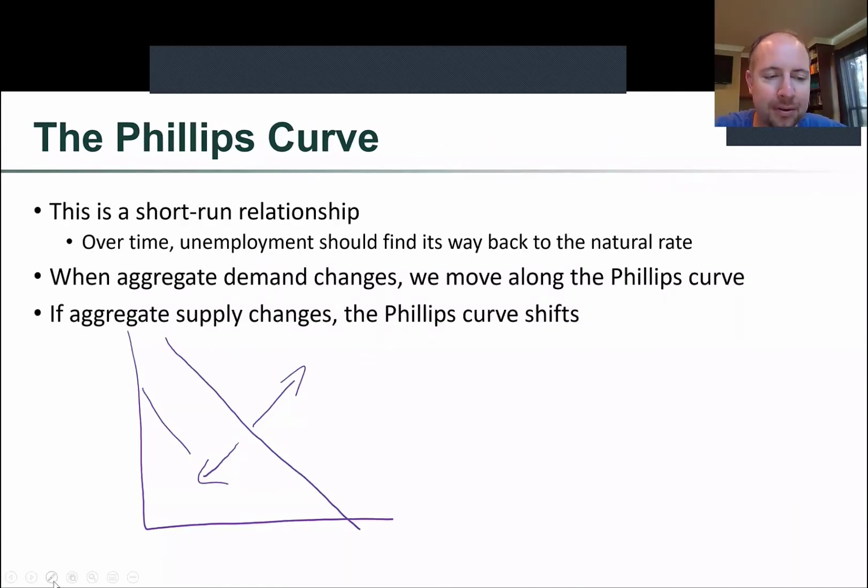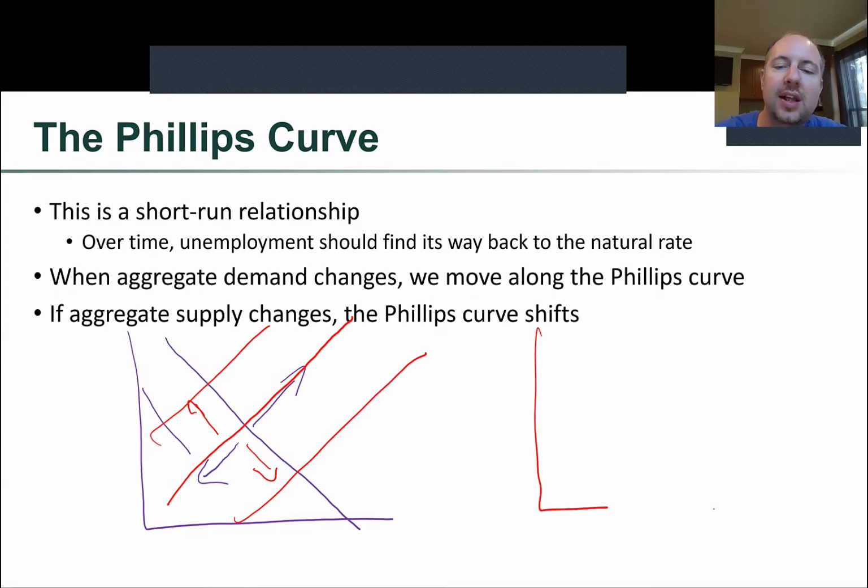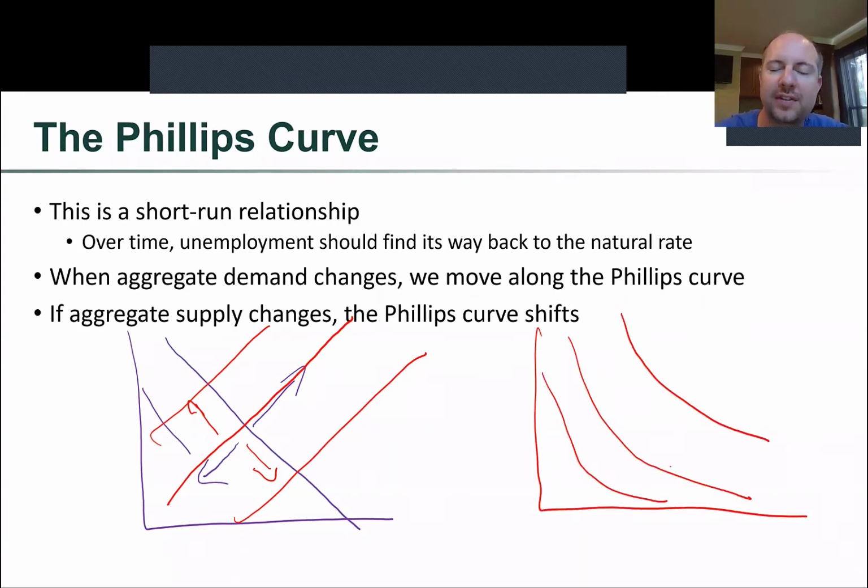If aggregate supply changes, so here's aggregate supply, if we increase or decrease aggregate supply, then the whole Phillips curve is going to shift. We don't have to worry about which direction it's going to shift. We just want to keep in mind the Phillips curve is only thinking about changes in aggregate demand.